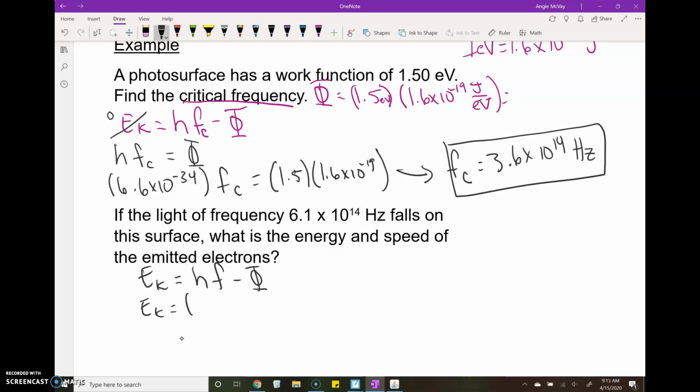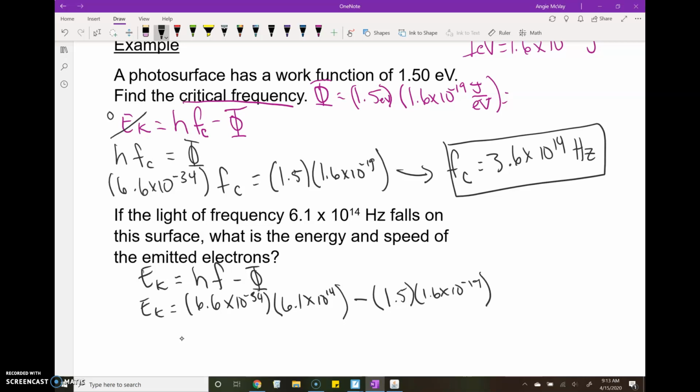EK equals 6.6 times 10 to the minus 34 times 6.1 times 10 to the 14, minus our work function, 1.5 times 1.6 times 10 to the minus 19.